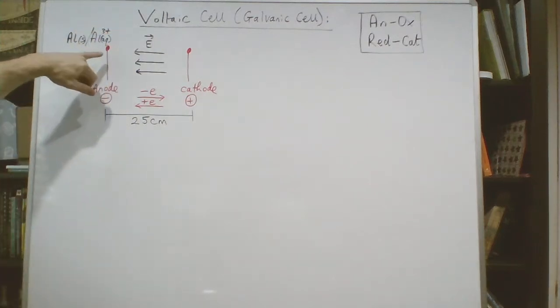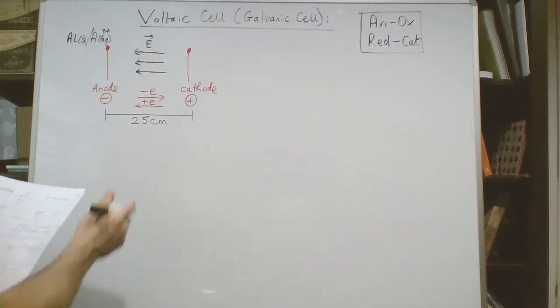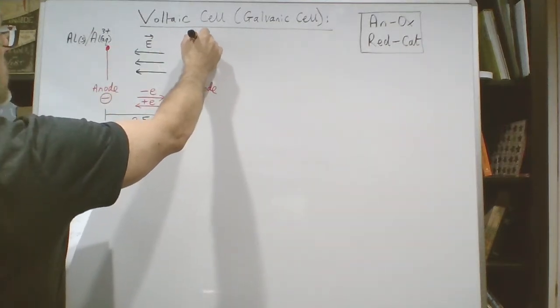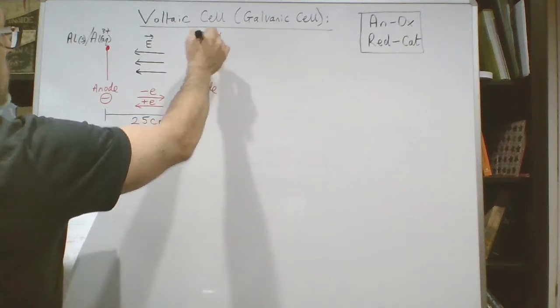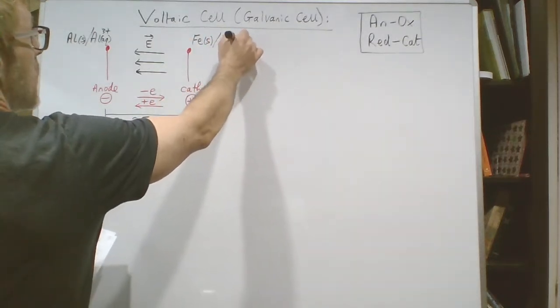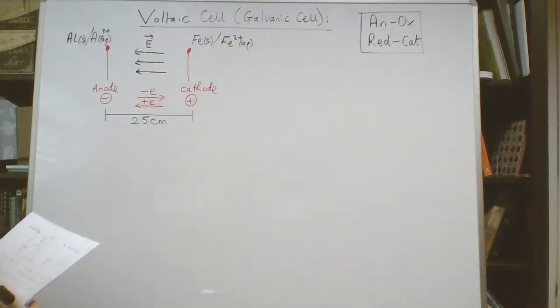So remember we have the metal and its cation, so let the anode be aluminum solid and let the aqueous solution be aluminum 3 plus aqueous. And let the cathode be iron solid, so Fe solid, and its aqueous solution be Fe2 plus aqueous.